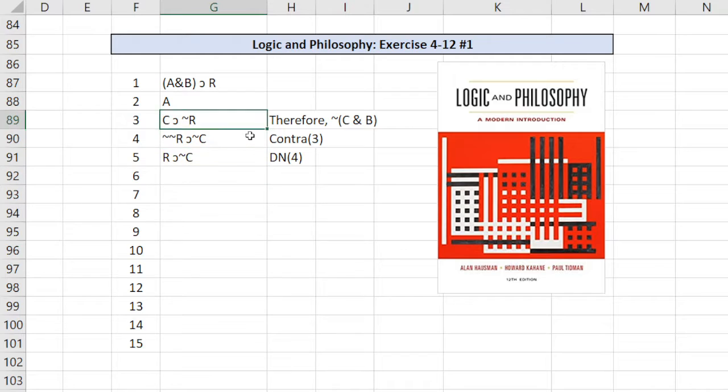Now I have in premise 1 and premise 5, an R at the end and an R at the beginning.